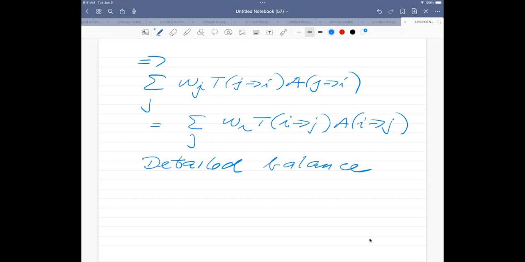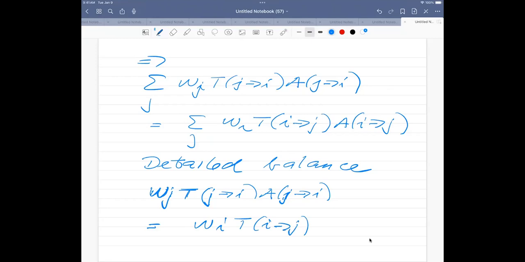And the stronger condition is this one, where I have a T of j goes to i, of A of j goes to i, is equal to Wi of T of i goes to j, of A of i goes to j.